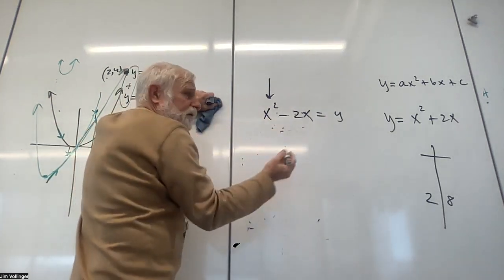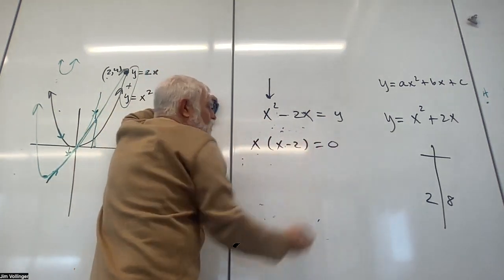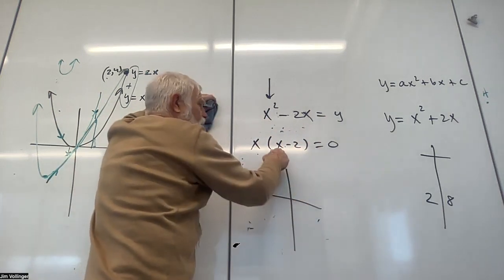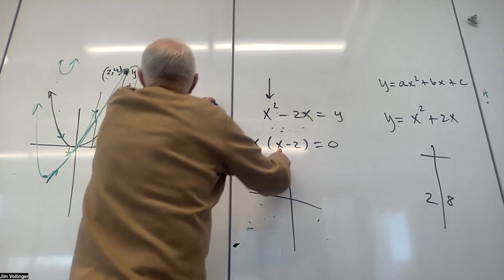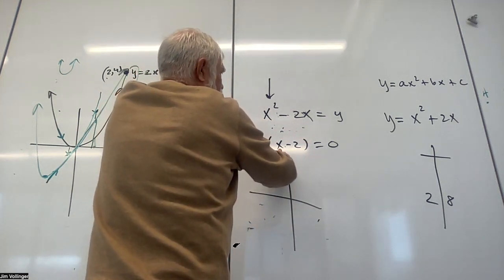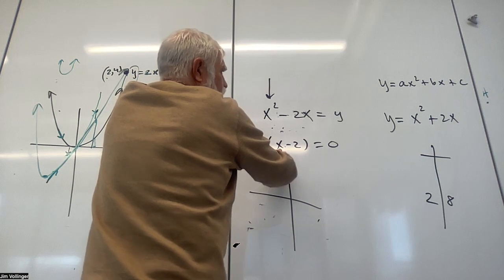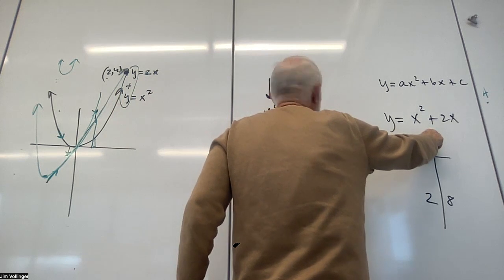So this as a product, it doesn't hurt to do it again, is x times x minus 2 equals 0. So therefore we have positive... I'm talking way too fast here. So I brought myself back to the same thing. This is what I was planning on writing, and I didn't want that.